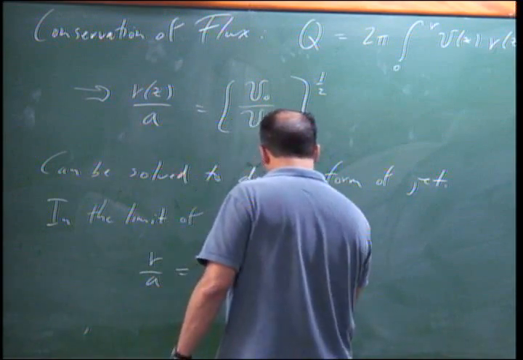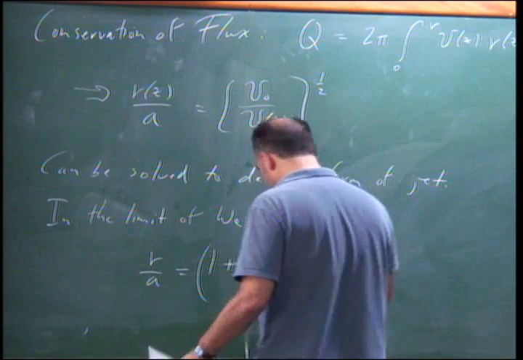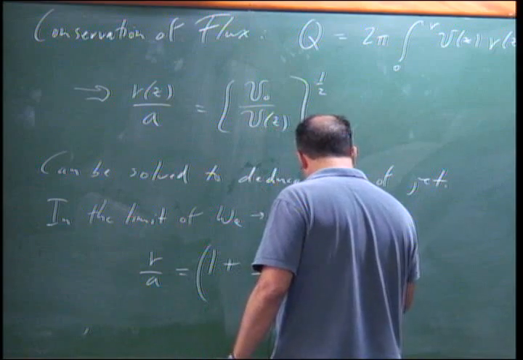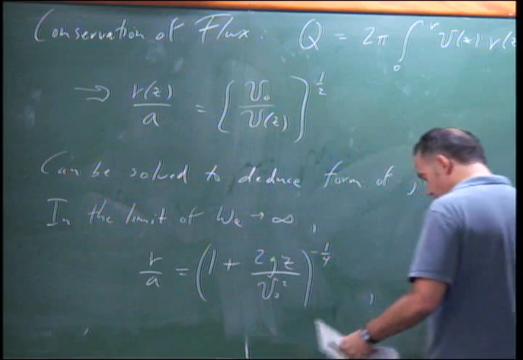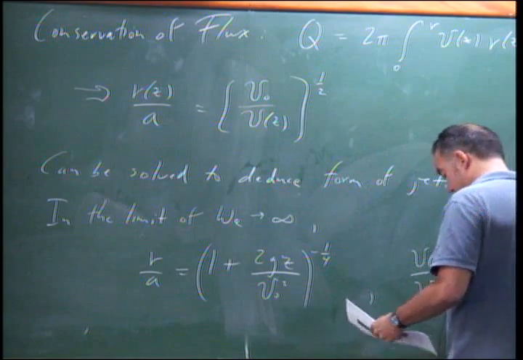So in this limit, you get what you'd expect intuitively, which is the thing getting faster and thinner in response to gravity. But we know that this is resisted by surface tension.